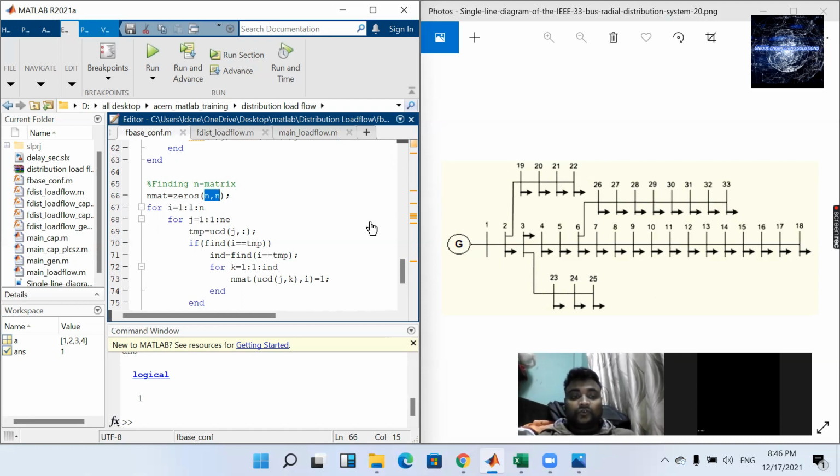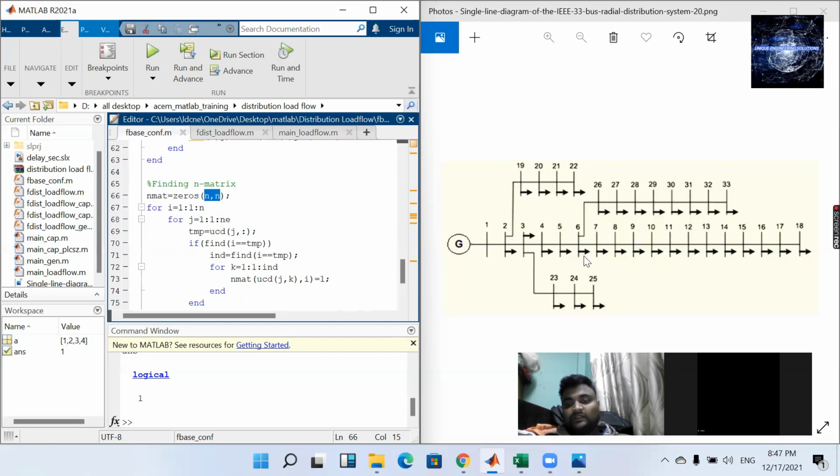So those two pieces of information can be found from the NMat. That is, if you consider bus 6, then power is fed from which buses? The load of bus 6 will get the power delivered from 1, 2, 3, 4 and 5 as well as 6, because power must flow from 1 to 6.